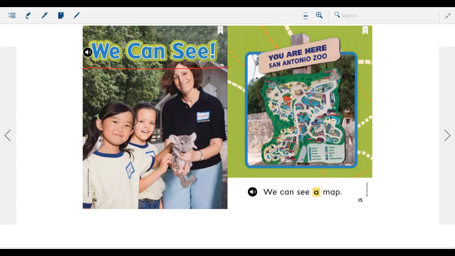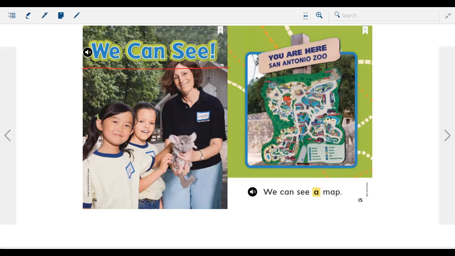And I want you to also try to describe the photograph. You're going to use the photographs and the title to figure out what this might be about. So what do you think this story is going to be about? What do you see in that picture?